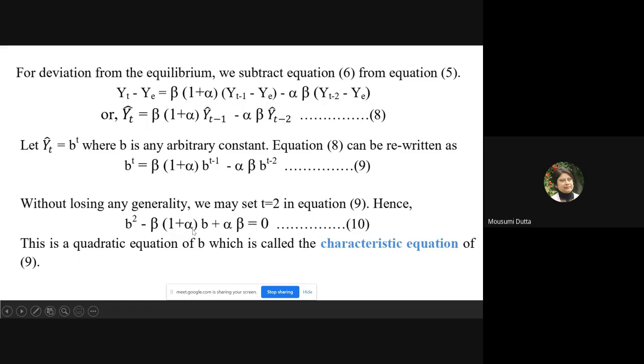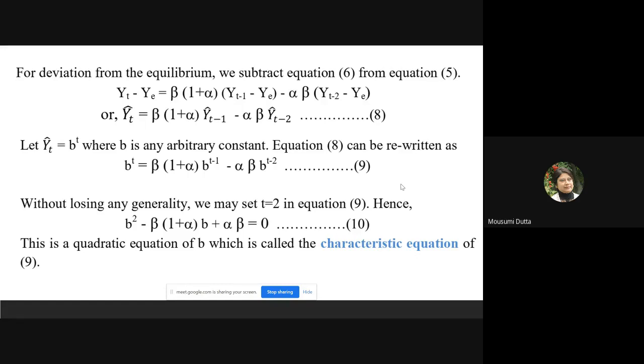This b is not this b. I'm just following the Sridharacharya principle. So minus b is beta into 1 plus alpha, plus minus root over b square minus 4ac.